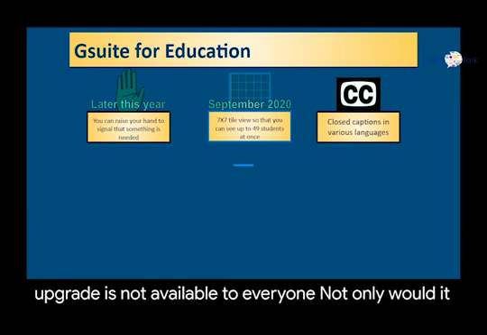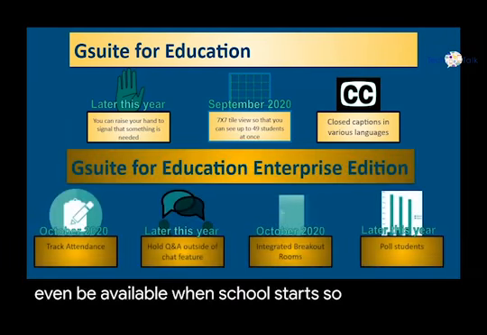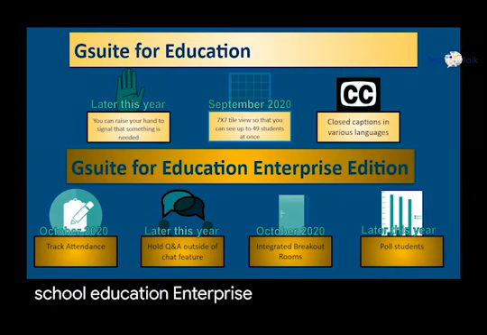Not only would it not be available to everybody, but it's not going to even be available when school starts. It's only for G Suite Education Enterprise Edition people who have that, and it's not going to be available until October.